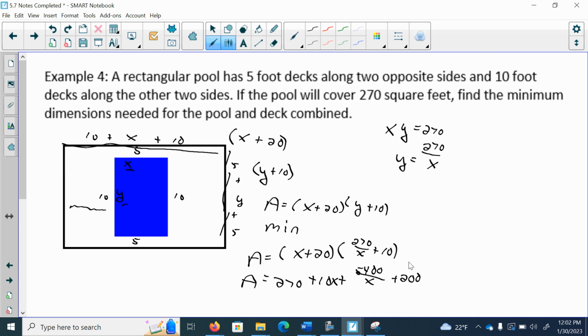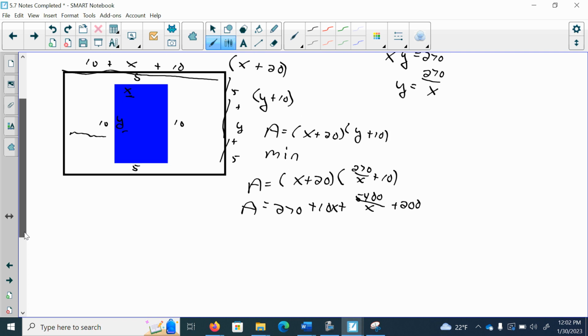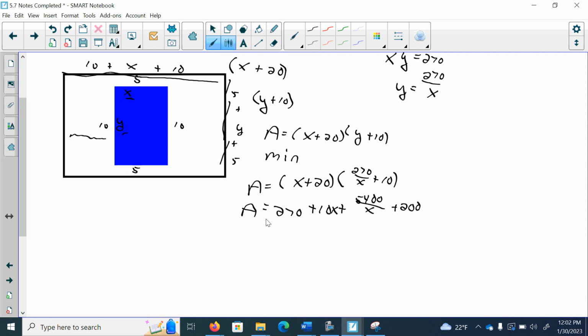I'm going to go ahead and combine my like terms. So when I do that, I'm going to add the 270 to the 200. So I am going to say 470 plus 10x, and then I'm going to rewrite this as 5,400x to the negative 1.